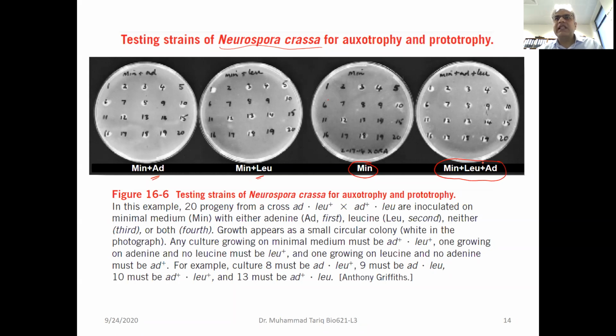Everything is present, so the Neurospora which are defective will not show a defect because leucine, adenine, everything is provided. It's like a complete media. So you see every colony we spotted is growing, the white ones.